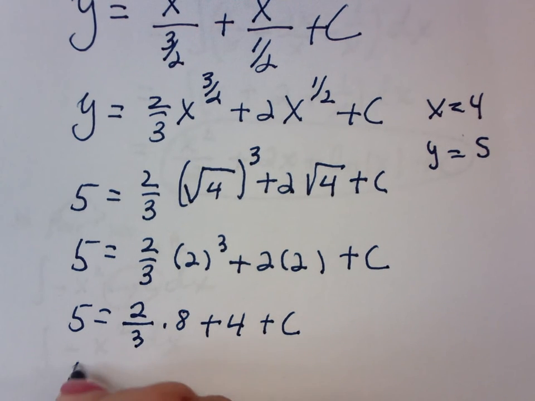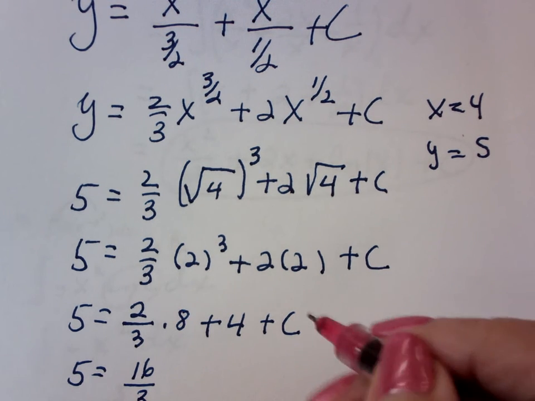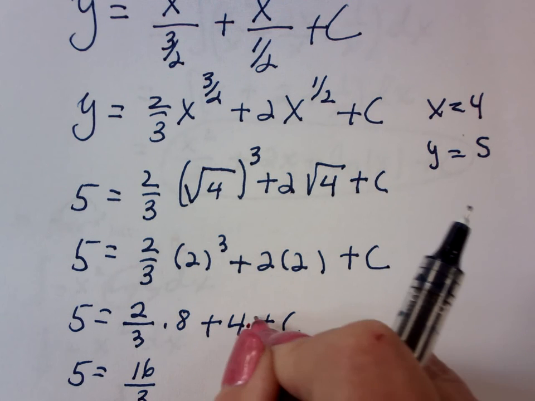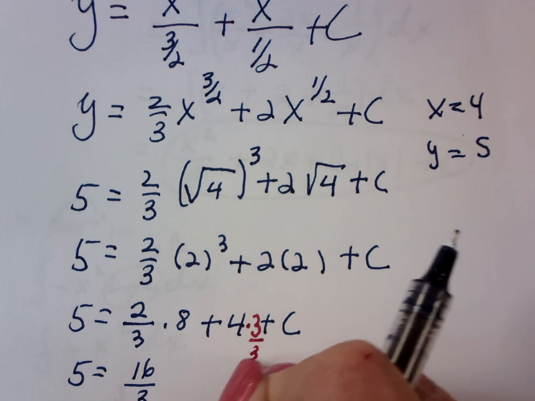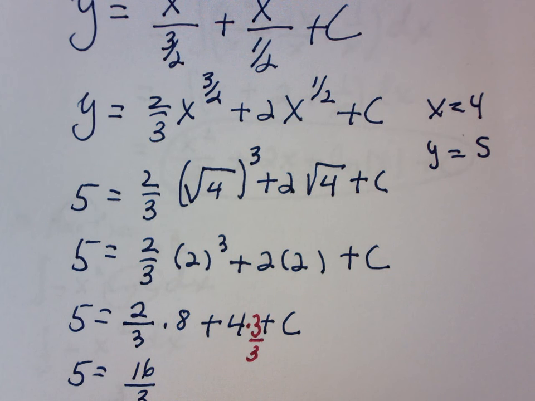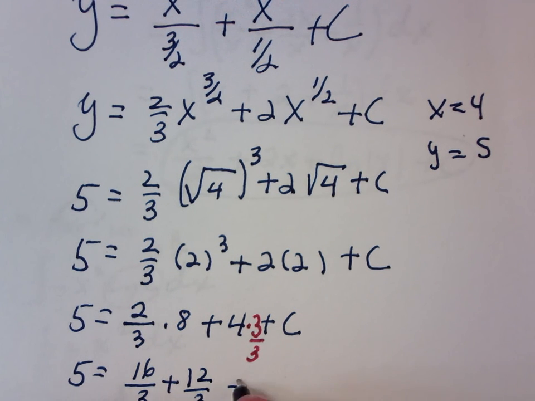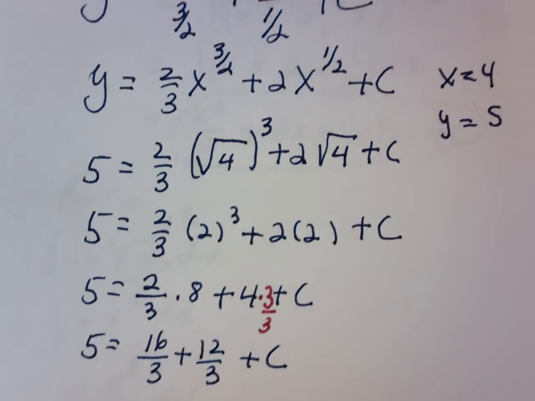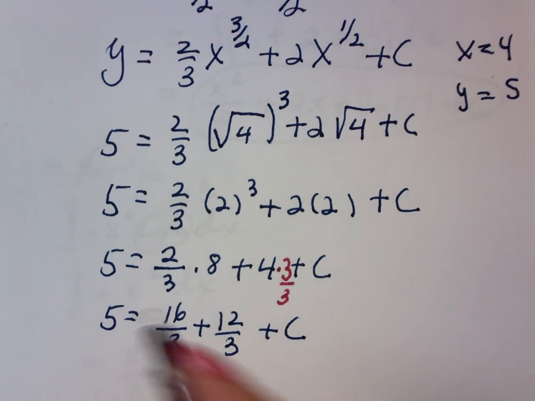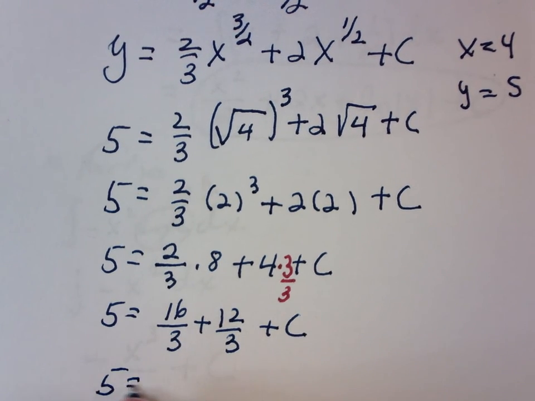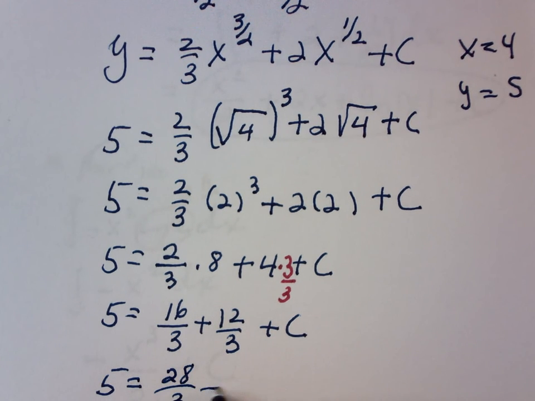Or 5 is equal to 16/3. Now, how many thirds is 4? If I multiply by 3 over 3, 12 thirds. I know I'm putting a lot of steps in, but that's because I'm dealing with you guys and fractions. Or 5 is equal to 28 thirds plus c.